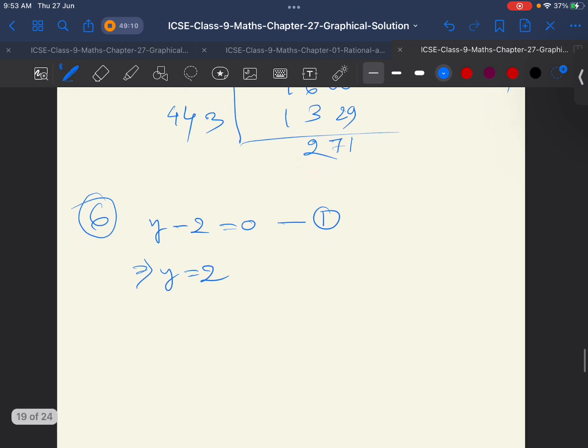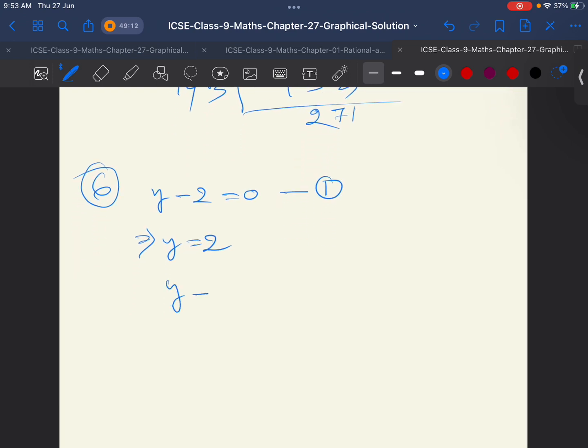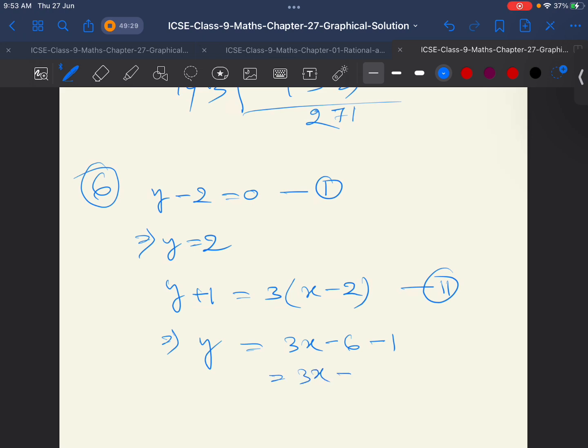Equation 1 implies y equals to 2. Second equation, y plus 1 equals to 3x minus 2. So this implies y equals to 3x minus 6 minus 1, that is 3x minus 7.